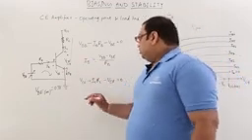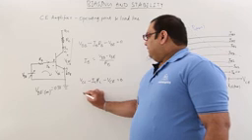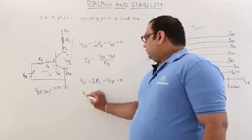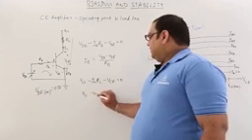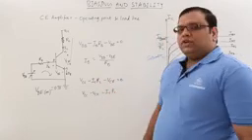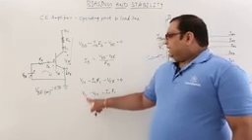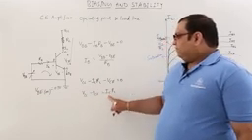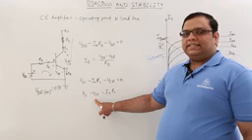This is ground. So VCC minus VCE is equal to IC RC. By changing the value of VCC, we can get different values of IC as well as VCE.